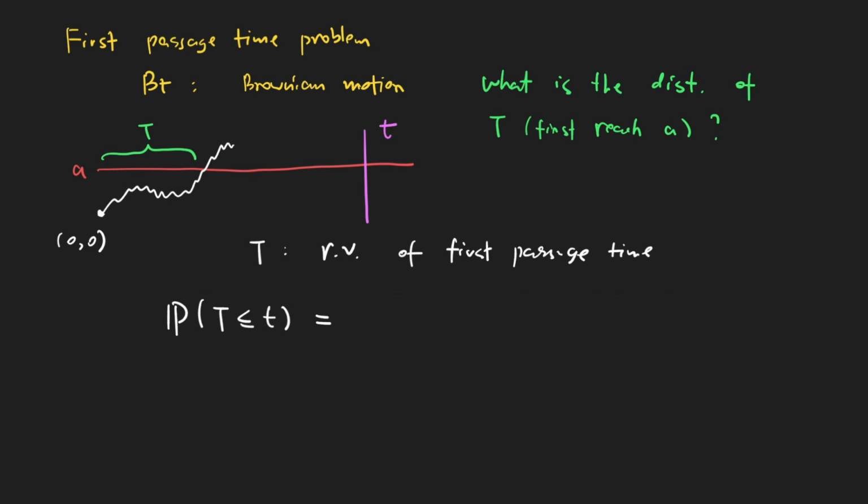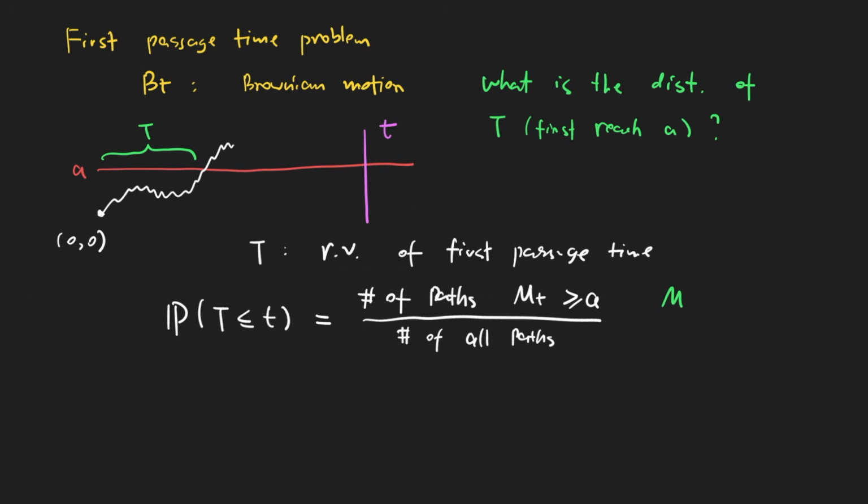So on the path level, this is equivalent to the number of paths whose max value goes beyond the threshold A. So that's called the max value M_t.